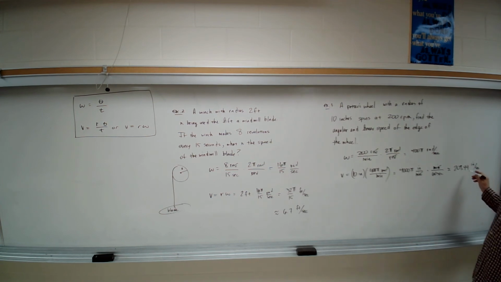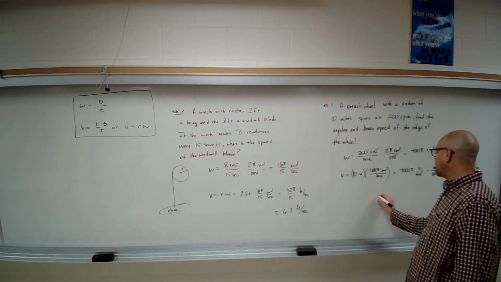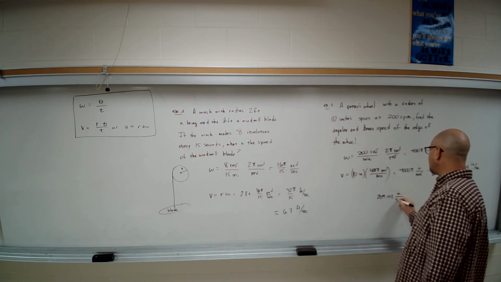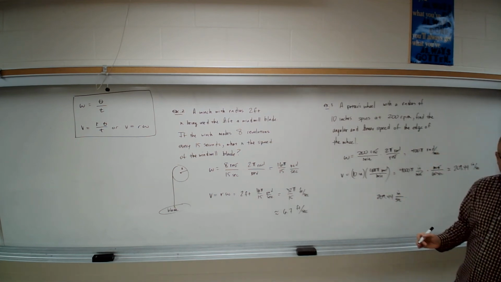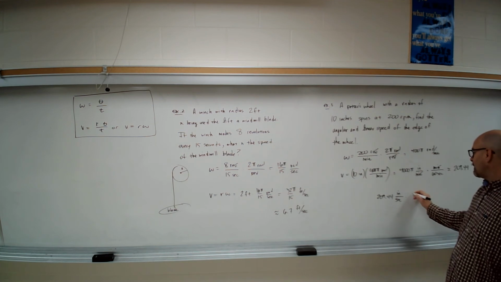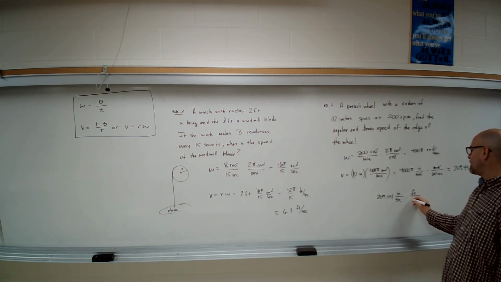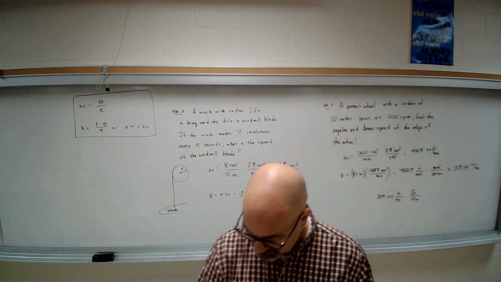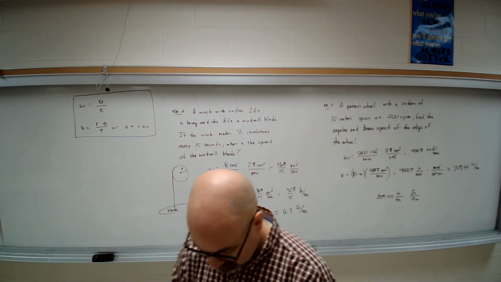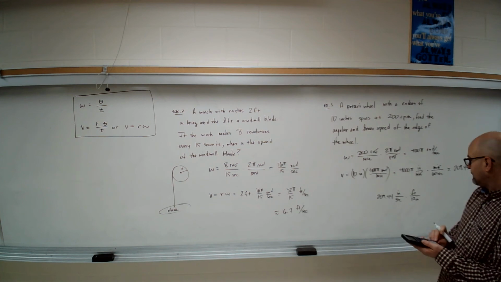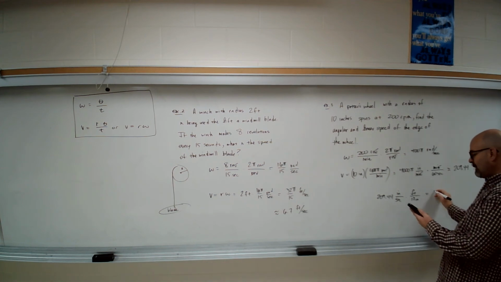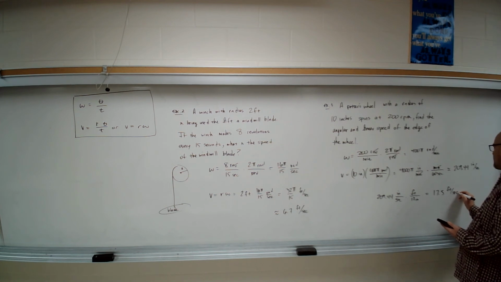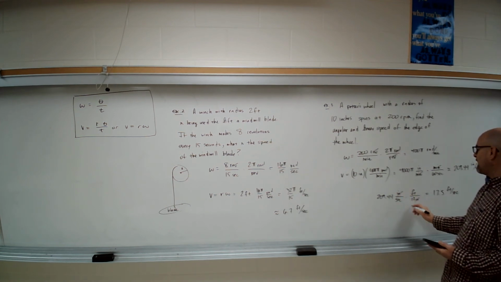Even this number here, 209.44 inches per second, I might make that feet per second, which I think would be a lot easier to understand. If I just took that and divided by 12, that would give us 17.5 feet per second. That's probably even a better measurement, right?